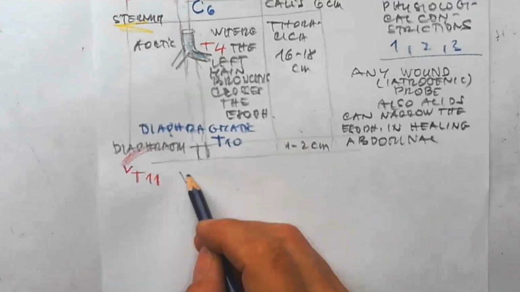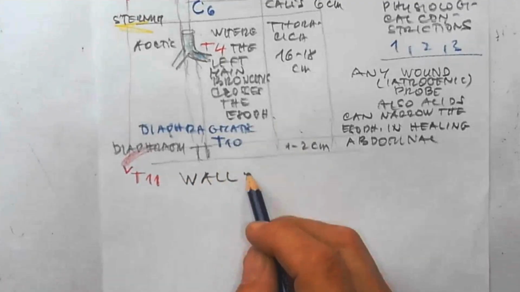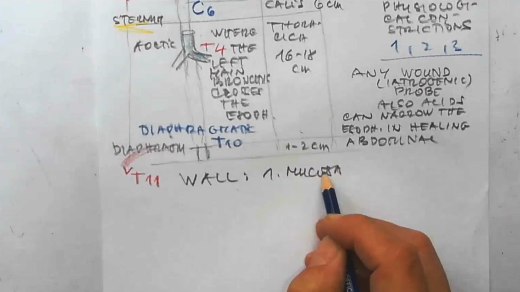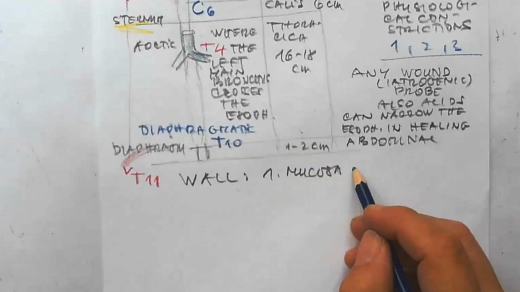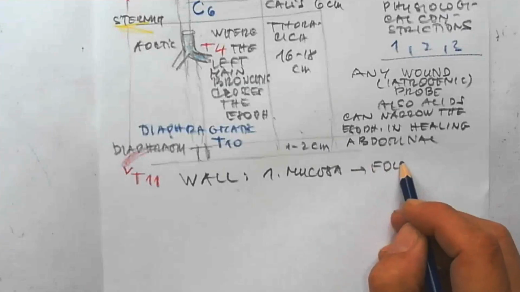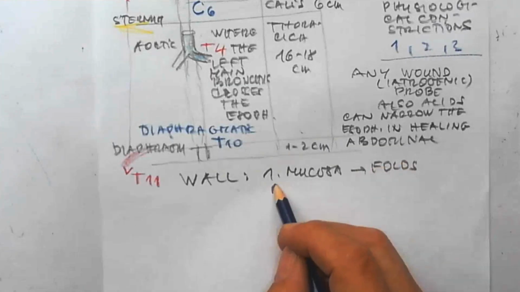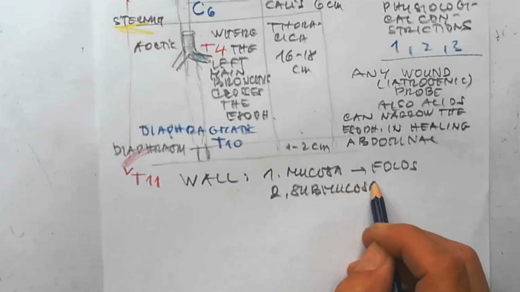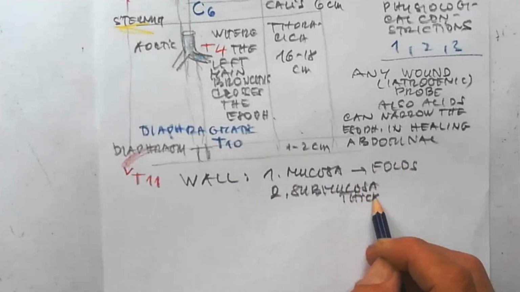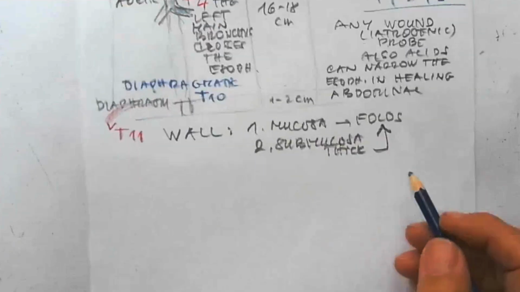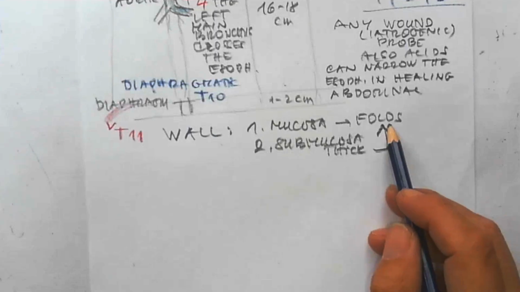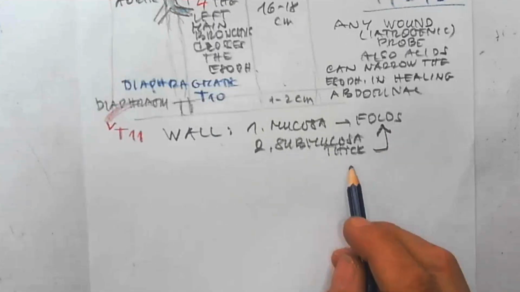Fine. Concerning the wall of the esophagus, number 1 is mucosa. Mucosa forms folds. Second one is submucosa. Submucosa is relatively thick, and because it's thick, it gives the space for formation of the longitudinal folds.